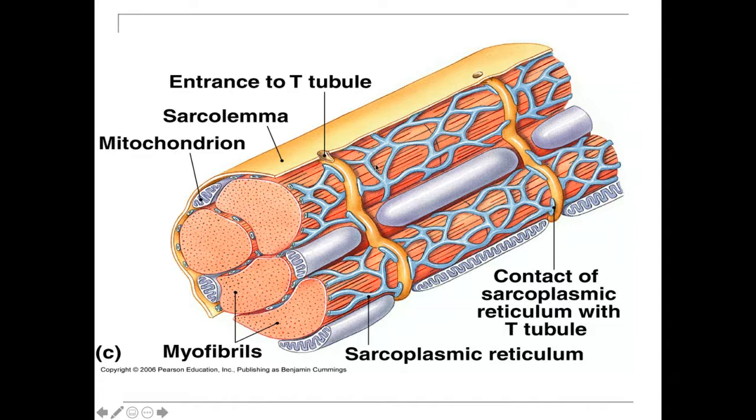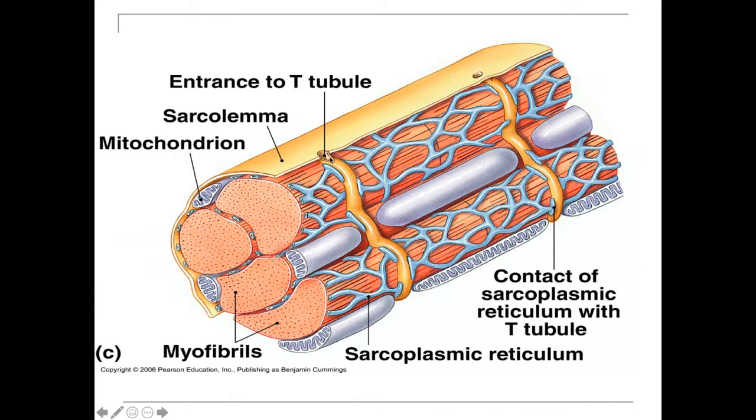Now, the sarcoplasmic reticulum is a really unique structure. It stores a mineral. What mineral do you think the sarcoplasmic reticulum is going to store that is involved with muscle contraction? Calcium. It's going to store calcium.